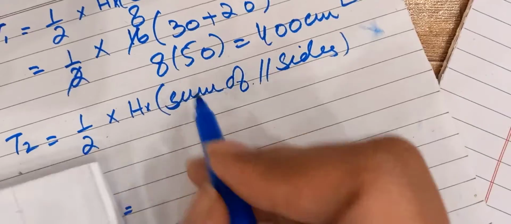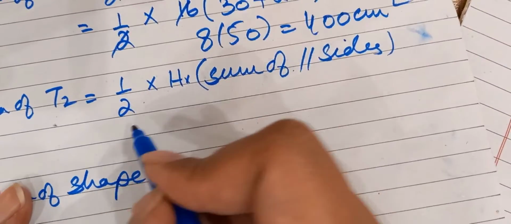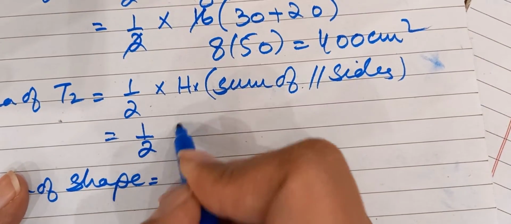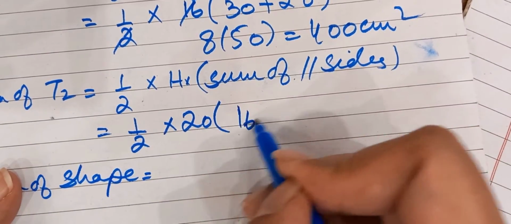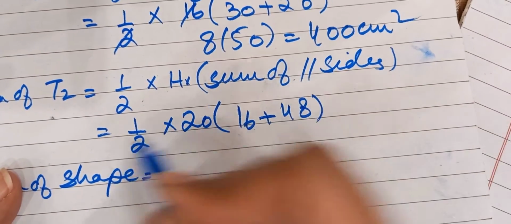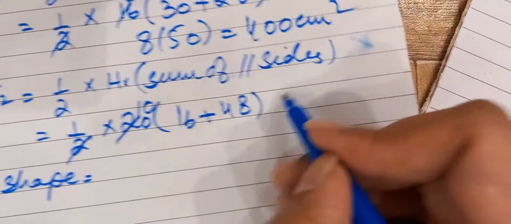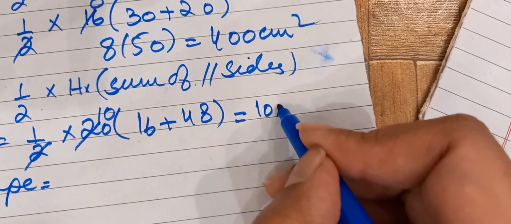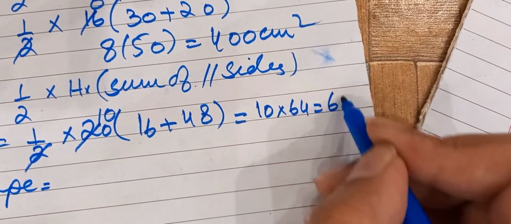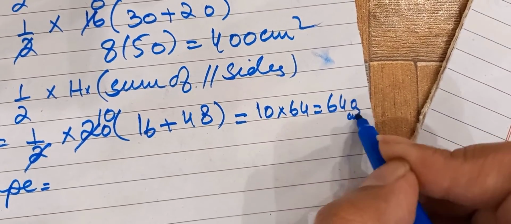So what am I left with? Height is 20, so 1 by 2 into 20 into sum of parallel sides, 16 plus 48, so I am left with 10 into 64, which is equal to 640 centimeters square.